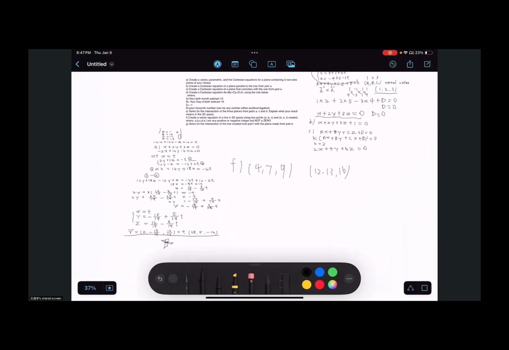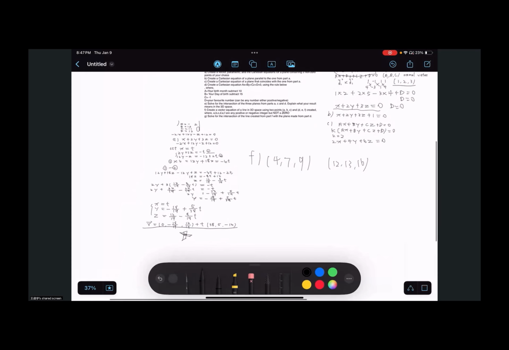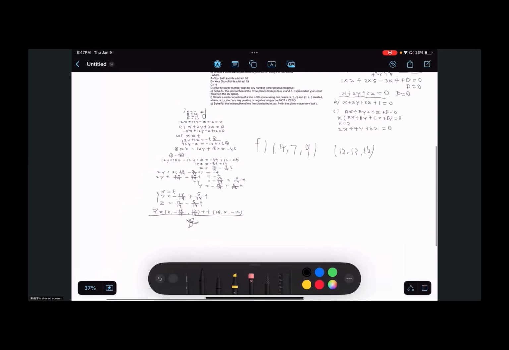So for this question, we need to find a point, and because it requires a vector equation, we need to find a point and a direction vector of it.